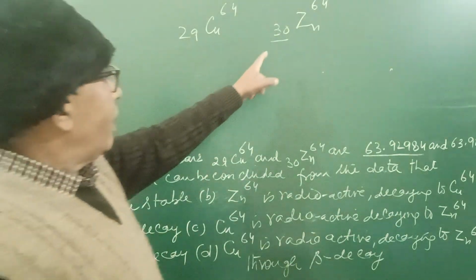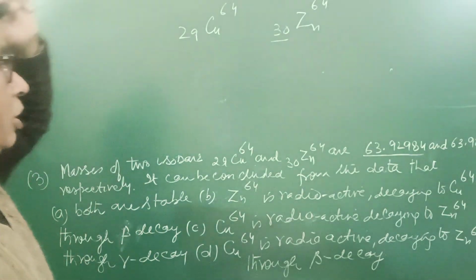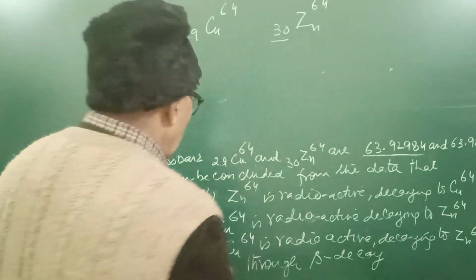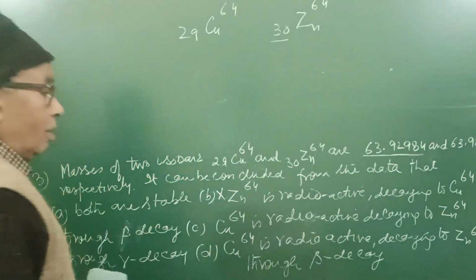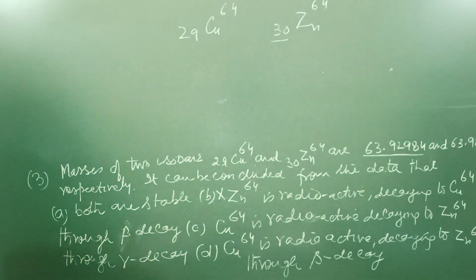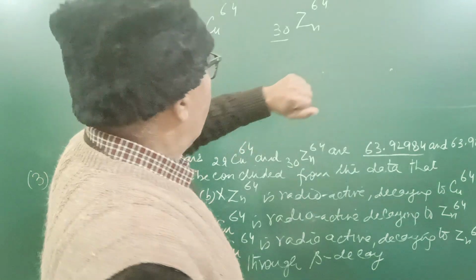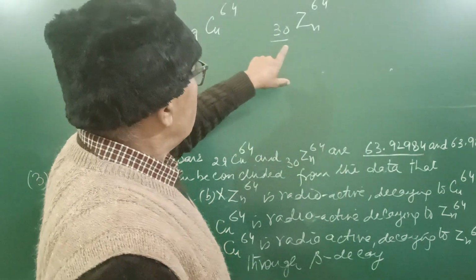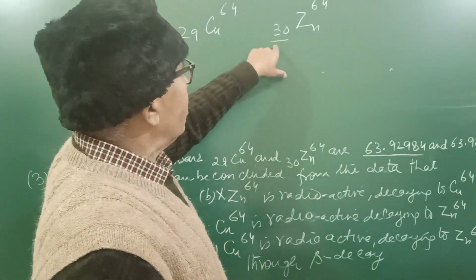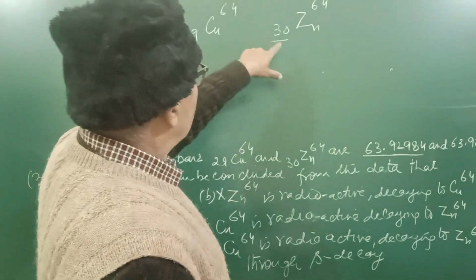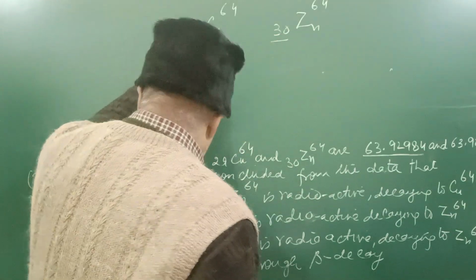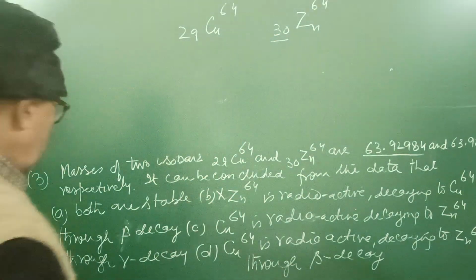During beta decay, atom number increases by 1. So this is not possible. Beta decay may take place, but if zinc decays by beta emission, then the atom number should increase by 1, so it should be 31 while it is 29, so this is not possible.